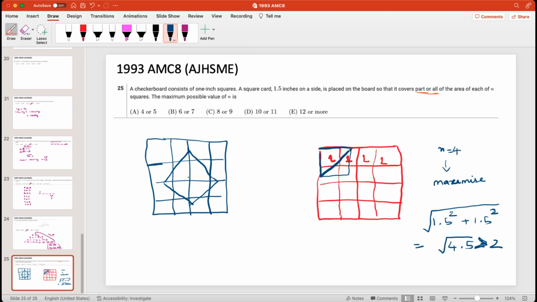Now you tell me how many squares this is covering, right? So it's covering, let's count 1 2 3 4 5 6 7 8 9 10 11 12. See this, these four corners are not covered, but it covers these squares. That's because this diagonal is bigger than two squares here, so we can tilt it and keep it like this. So the answer will be 12 or more. Answer option E. Clear? Thank you.